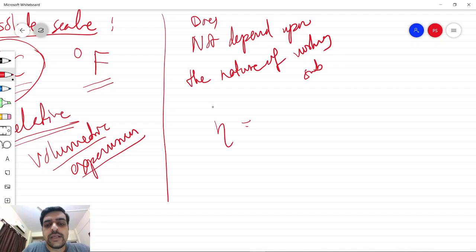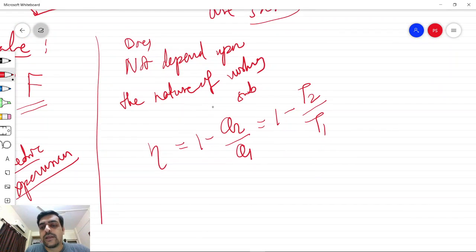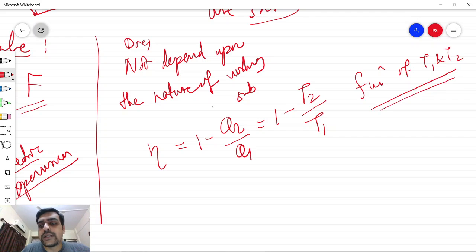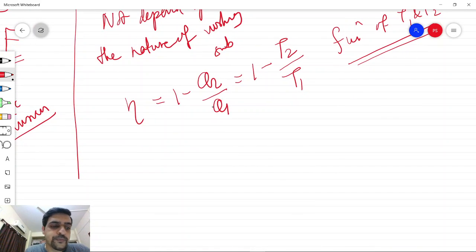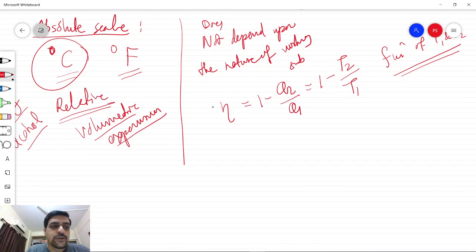So efficiency, which is defined as 1 minus Q2 by Q1, and which is also proved later to be equal to 1 minus T2 by T1, is clearly a function of T1 and T2 alone. It doesn't matter which working substance we choose for its operation. So let us use this fact to define an absolute scale of temperature which does not depend upon any material properties.